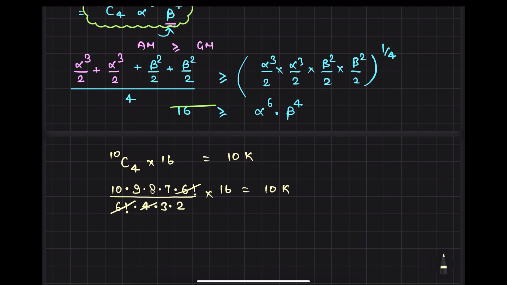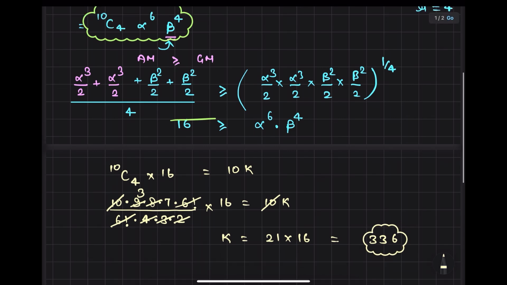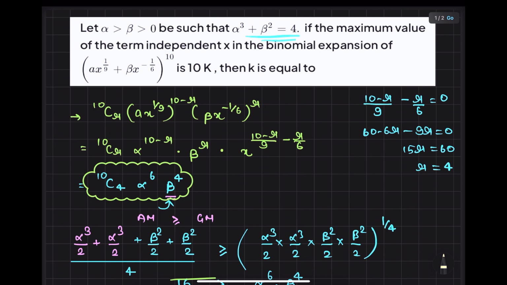Then 4 twos are 8, and then 3 times 9. 10 thing gone. So we will be left with k equals 21 into 16. 1 time 16, carry 1, 33. So the value of k we got is 336.